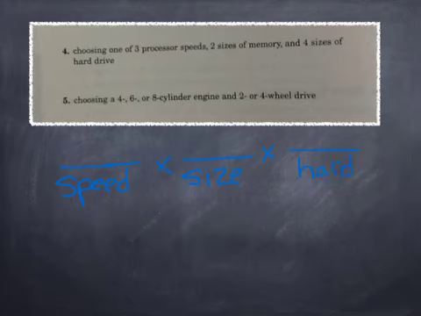So we have 3 different speeds, 2 sizes of memory, and 4 hard drives. 3 times 2 is 6. 6 times 4 gives us 24. So we have 24 possible outcomes for number 4.